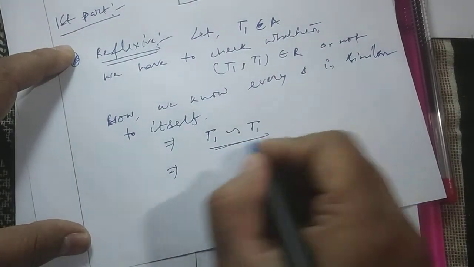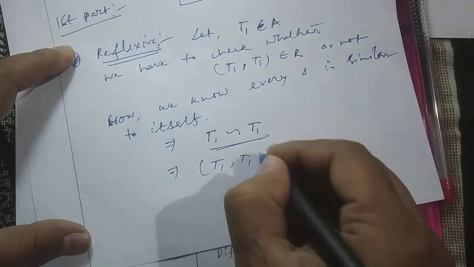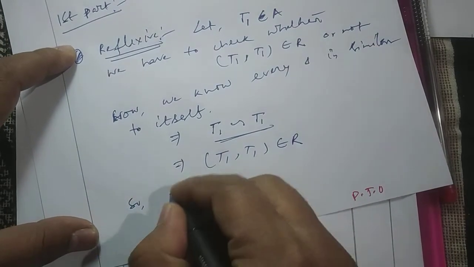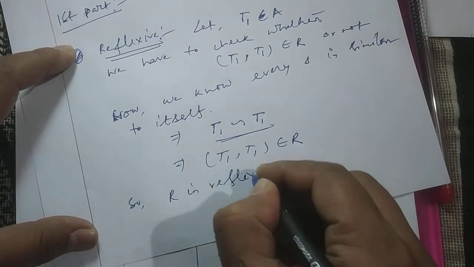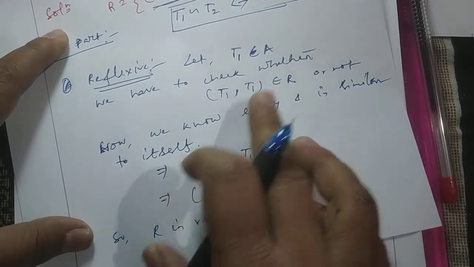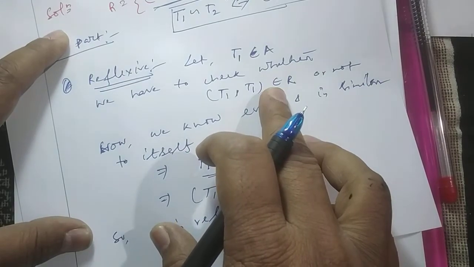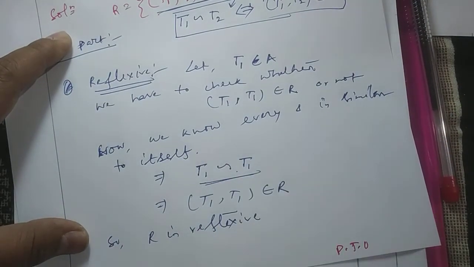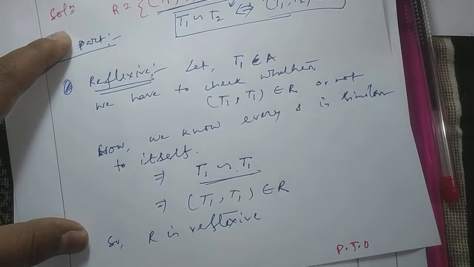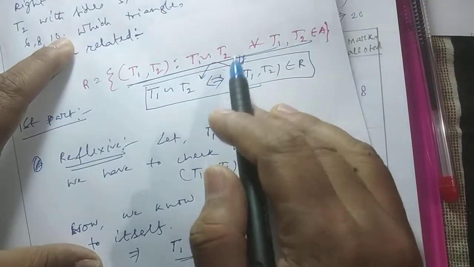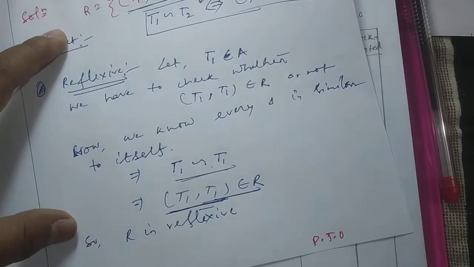So we can say from the definition, (T1, T1) is satisfying the given relation R. So we can say R is reflexive. Understood or not? Because to be reflexive, the same elements ordered pair (T1, T1) has to be satisfying R. And we know from the given definition, every triangle is similar to itself. So we can claim T1 is similar to T1. So the ordered pair is satisfying the given definition, so we can say it is reflexive. Understood or not?